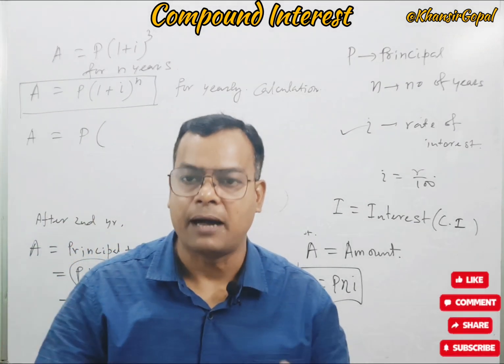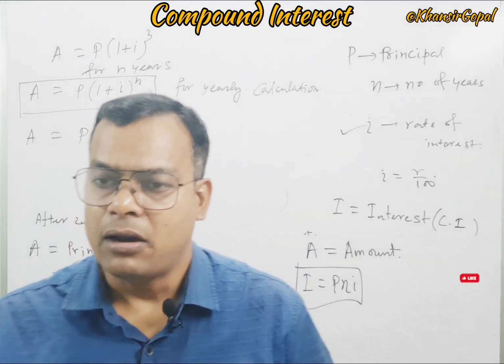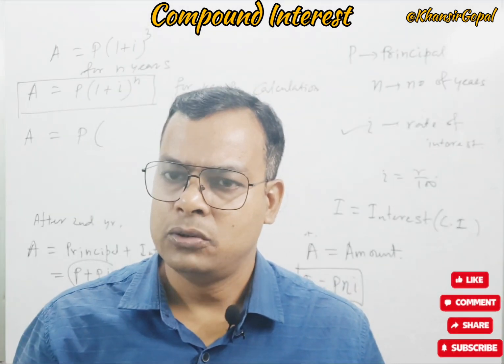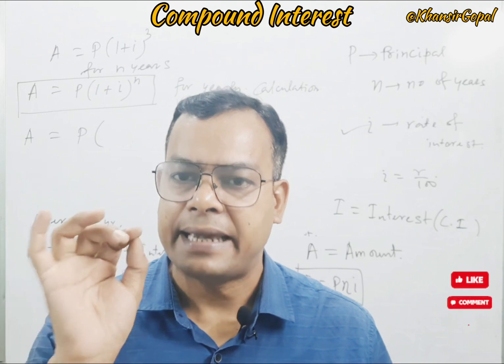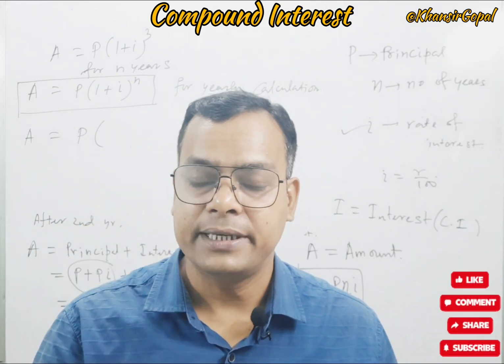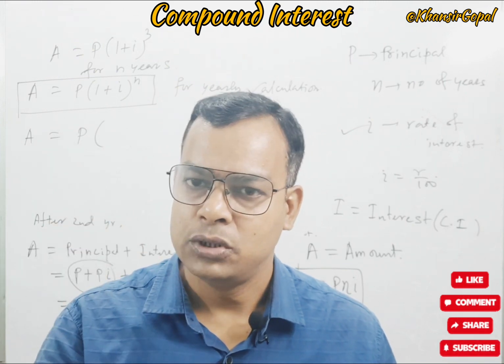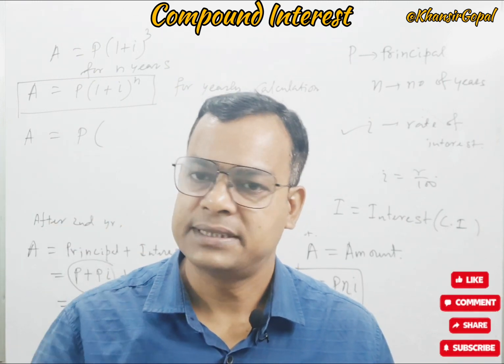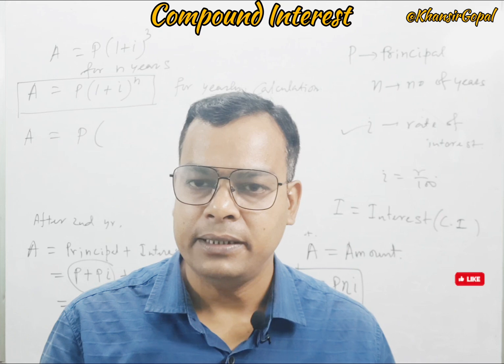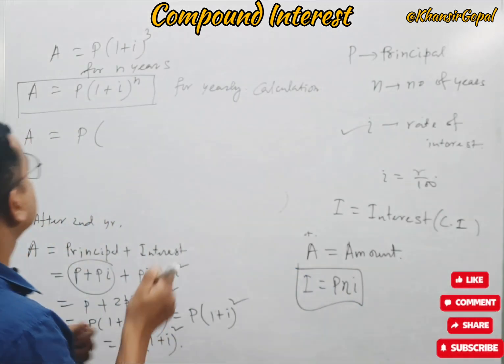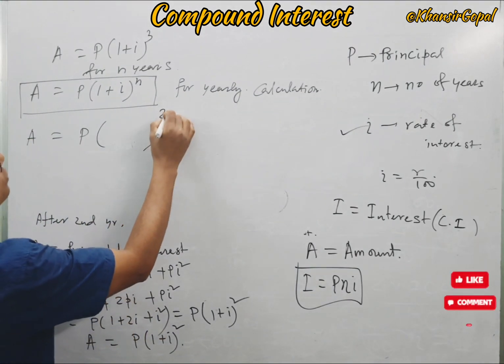If it happens half yearly, 1 year will be divided by 2. That means if the number of years is n, it will be 2n times, because 1 year is 2, 2 years will be 4, 3 years will be 6, like that. That means n years will be 2n, so you get the whole to the power 2n.